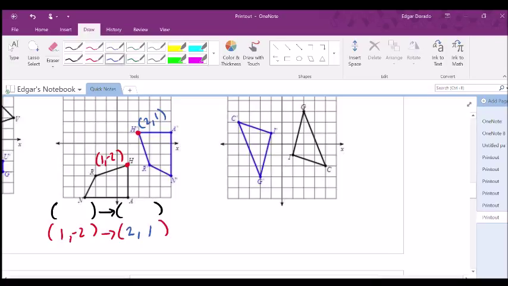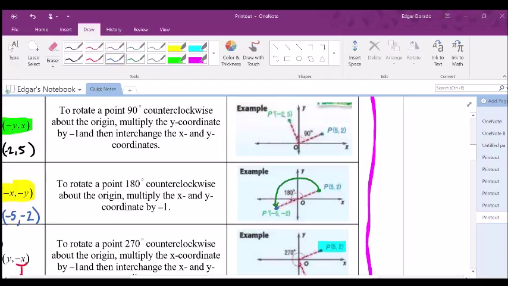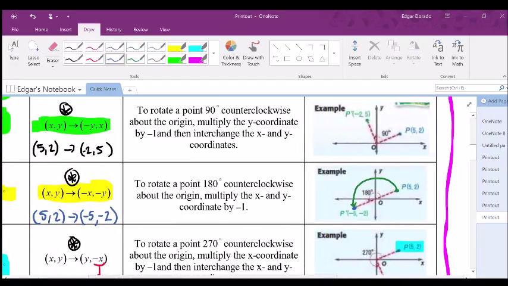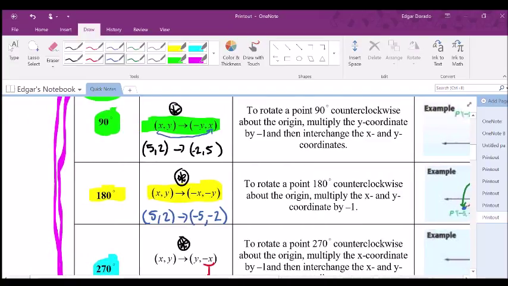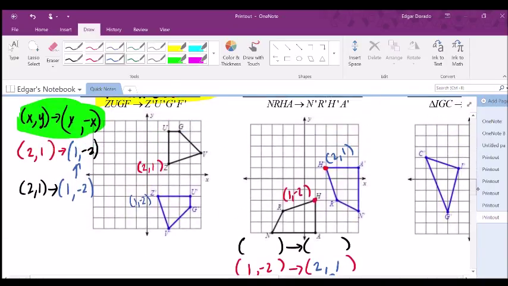Well, once again, guys, my roles were switched. My 1 that was originally an X is now a Y. Okay, so let's see which one does that. Which rotation makes my X now a Y? Right here. My X is now a Y. So that is my rotation. That is 90 degrees counterclockwise.